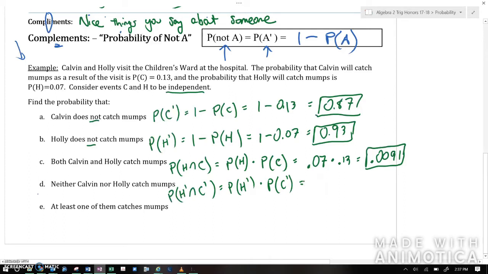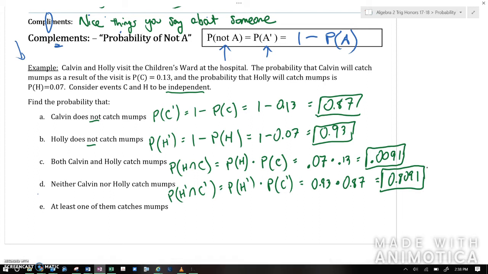So the probability of Holly not getting mumps, we calculated that in part B, that's 0.93, multiplied by the probability that Calvin does not get mumps. We found that in part A, 0.87. So the product of those probabilities, 0.93 times 0.87, is 0.8091. That is the probability that neither Holly nor Calvin catch mumps.